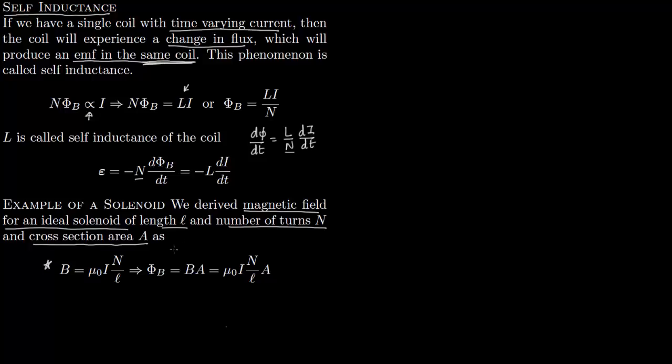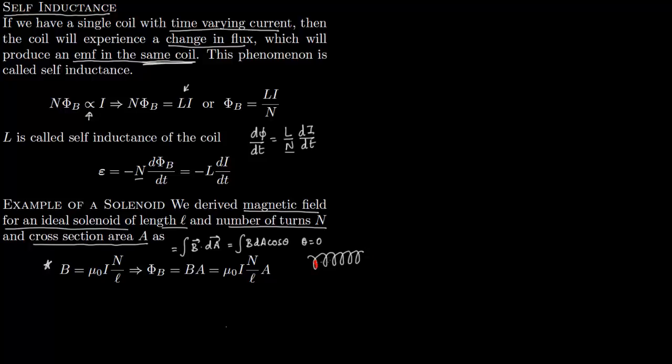The flux is given as the integral of B vector dot dA vector, and this becomes B dA cos theta. Now this theta is 0 for an ideal solenoid. That is the cross section area of the solenoid. The solenoid looks something like this, and this was the cross section area.